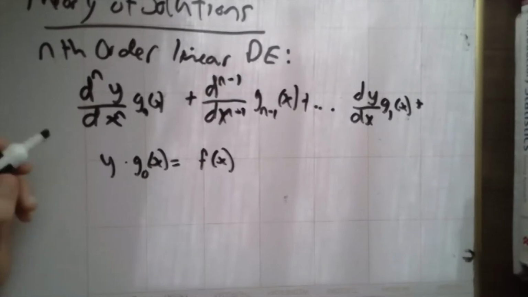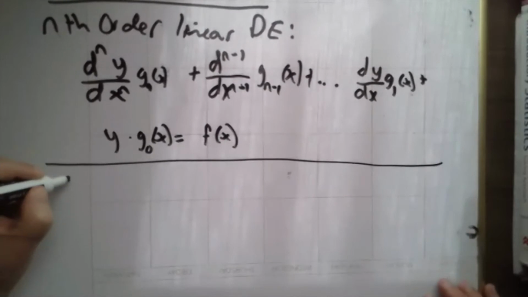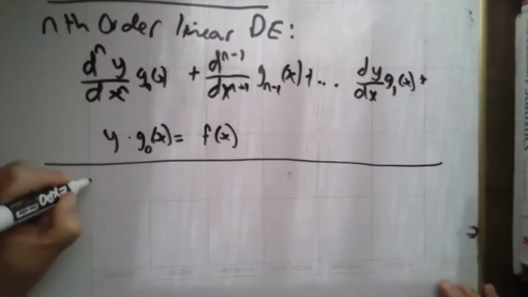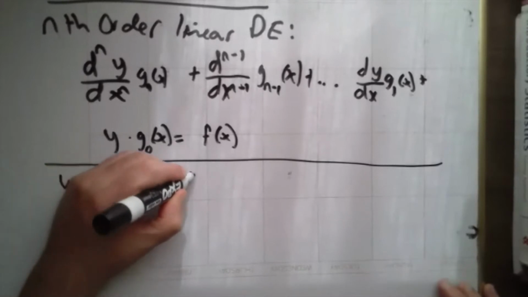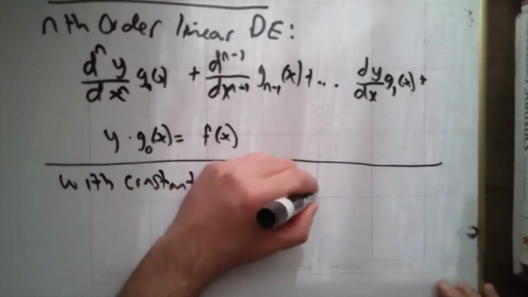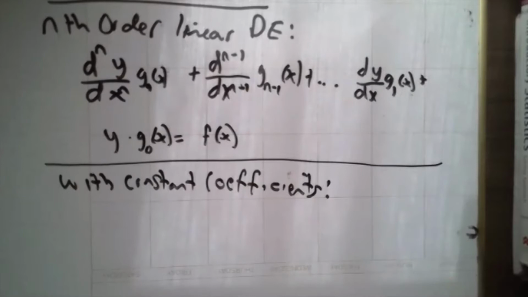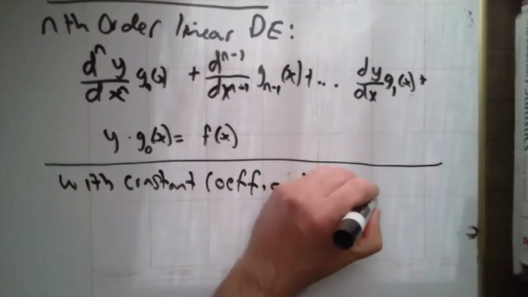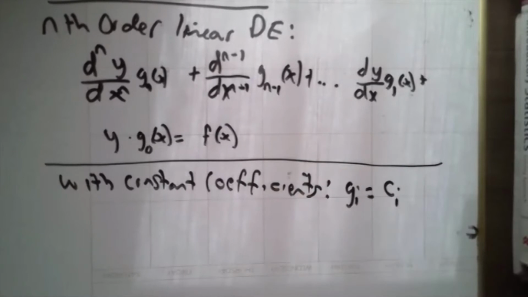So the kind we tackle first would be what are called with constant coefficients. So all of these g's are constants. They're just numbers. g_i is just some, let's call it c_i.